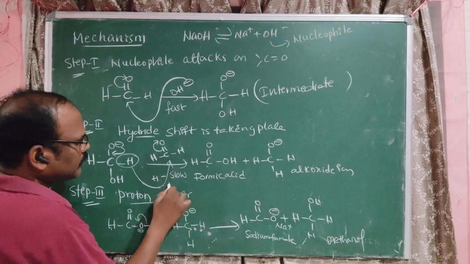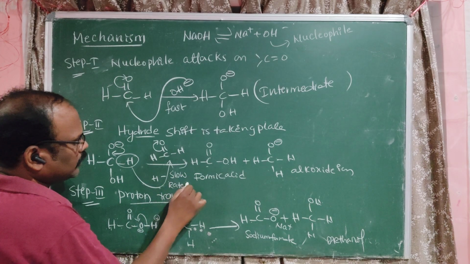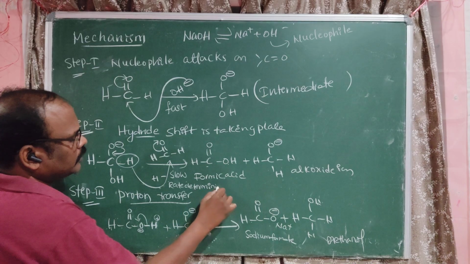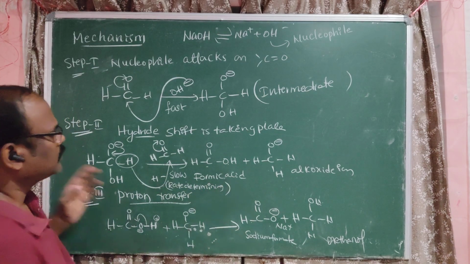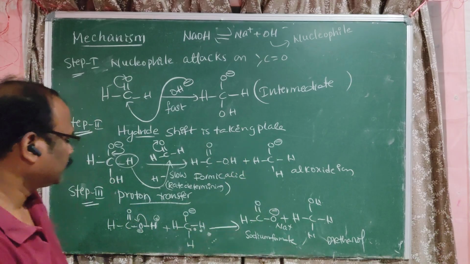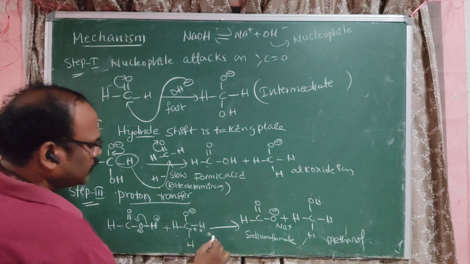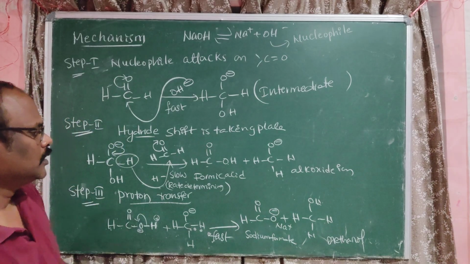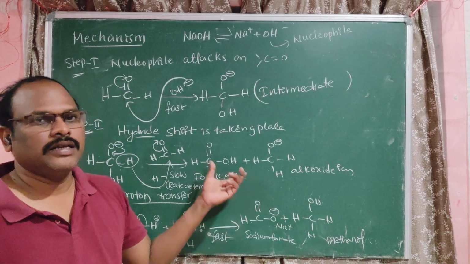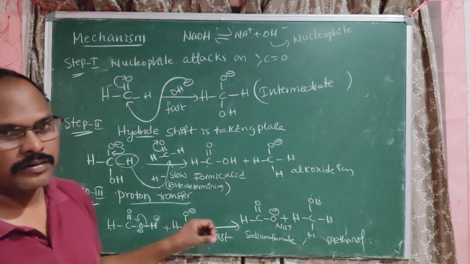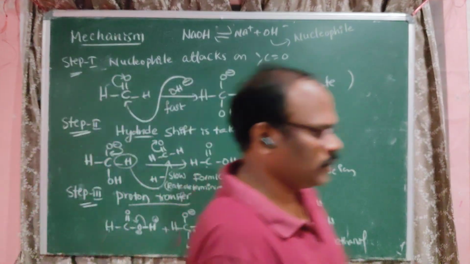The slow step is the rate determining step. By using this step, we calculate the rate of the reaction. And the third step is also a fast step. This is all about the Cannizzaro reaction mechanism. Now, I am taking some other examples.